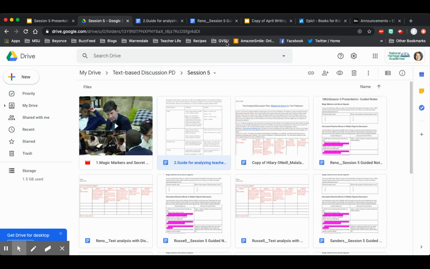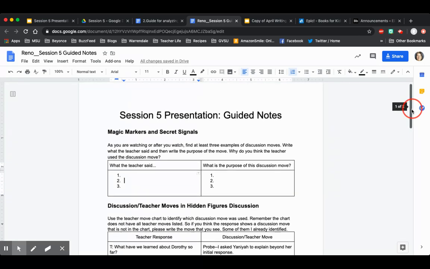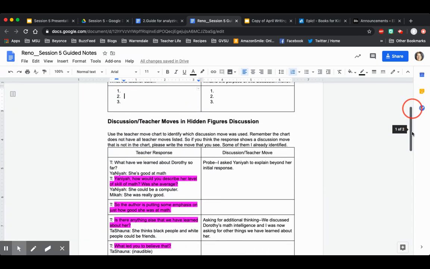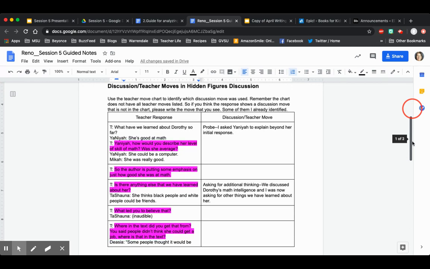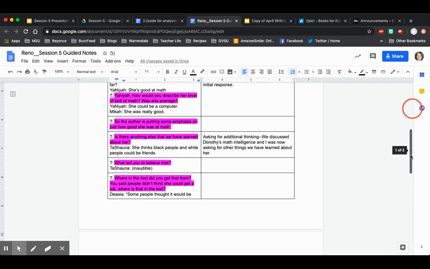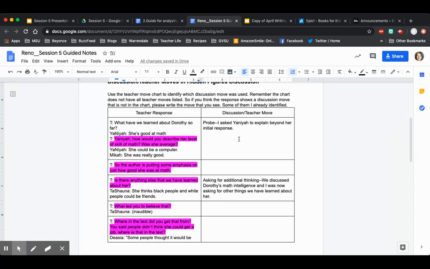When you open up your guided notes, which would already be open from watching the video, if you scroll down, I have my transcript here, and I put each of my responses in a box. Next to it, I'd like you to try to identify what move was used.